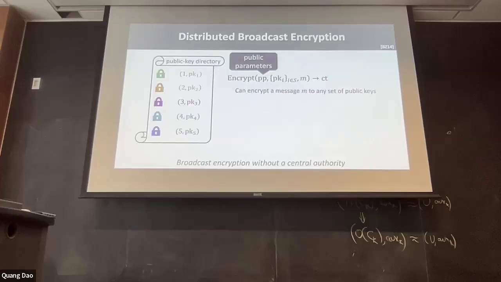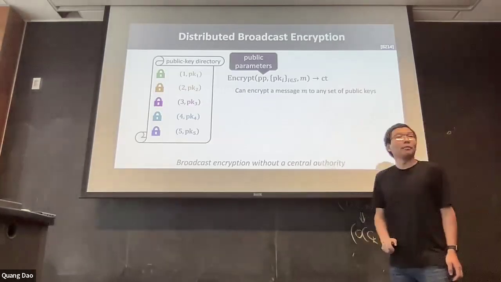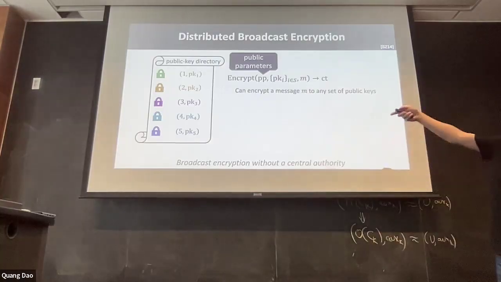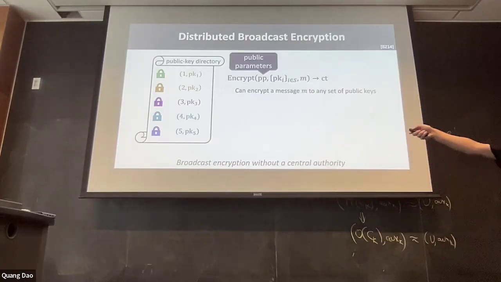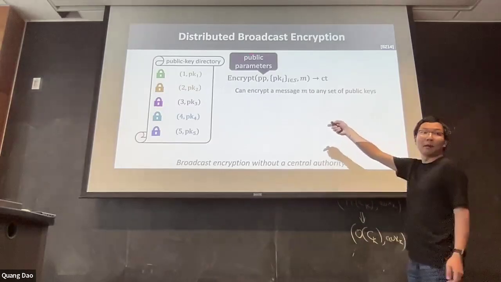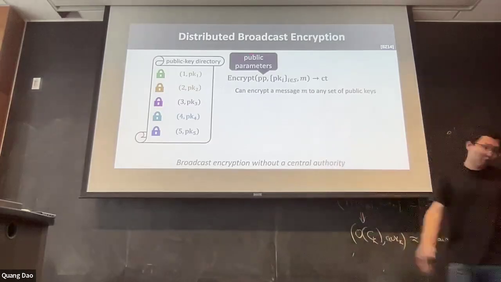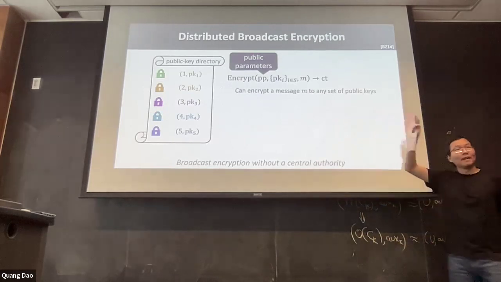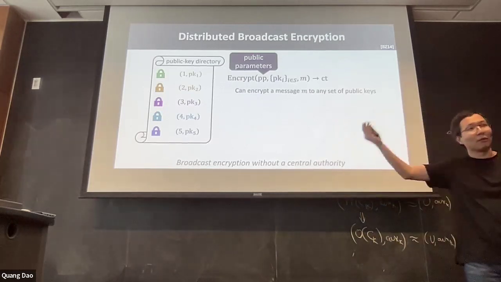And then when it comes time to encrypt, what do I do? I go look at the public bulletin board. Suppose I want to encrypt to users 1, 2, and 3. I will look up their public keys, and I will simply run the encryption algorithm. In distributed broadcast encryption, I will allow for some public parameters. In the constructions that I describe, the public parameters will have to be generated by a trusted setup. But this is a one-time trusted setup. It's a reusable setup.